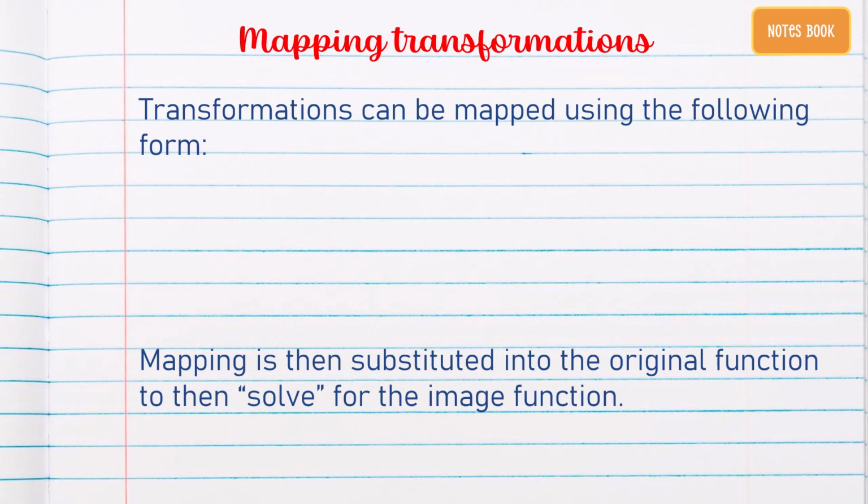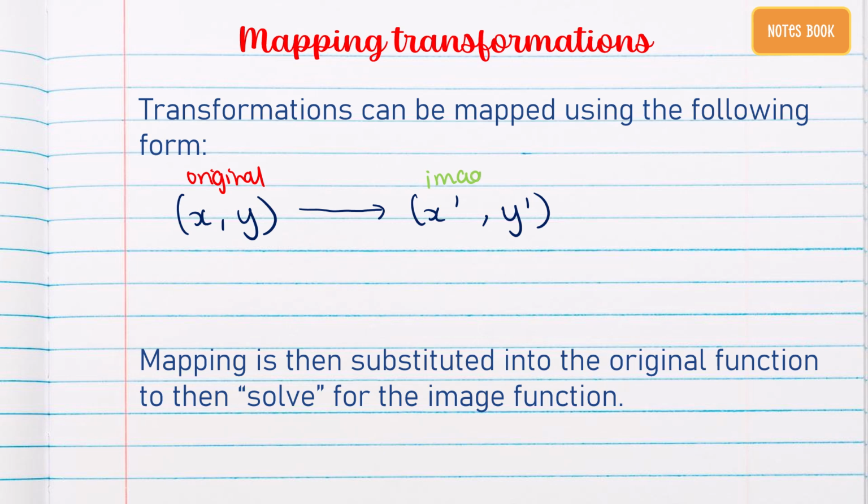Now, when it comes to actually mapping transformations, we can write out our original coordinates, x, y, and then we can take them into what we call our image coordinates, which we write down as x prime, y prime. So this is your original function here on the left, and then we have your image, which is your transformations that have been applied as they've been written down.